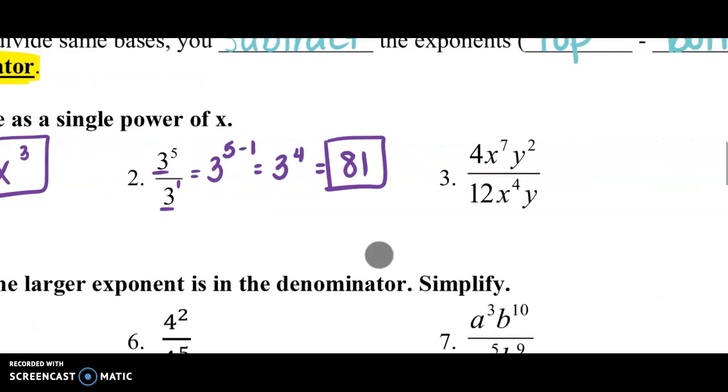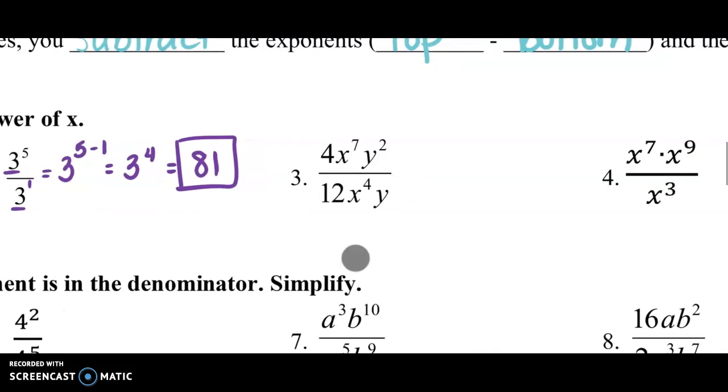Okay? Number 3. Now we're getting into multivariables, and that's fine. We can have that. There's nothing wrong with that. First thing I can do is simplify 4 divided by 12. 4 becomes 1, 12 becomes a 3. And then I can start doing my exponents. If you notice, x to the 7th and x to the 4th would match up, y to the 2nd and y to the 1st would match up.